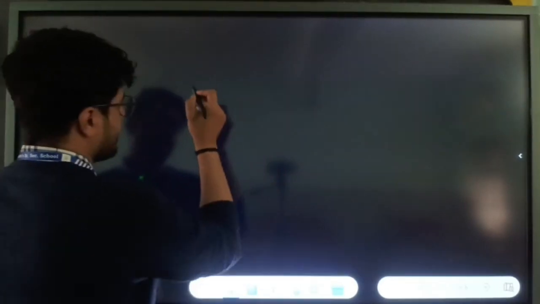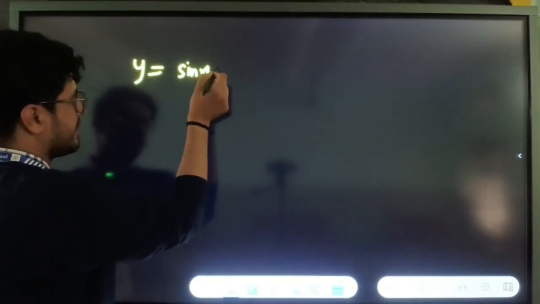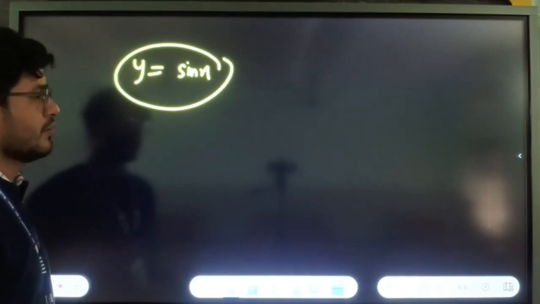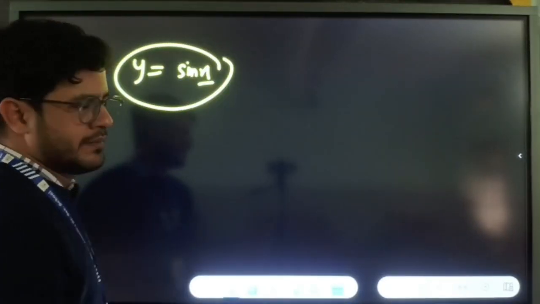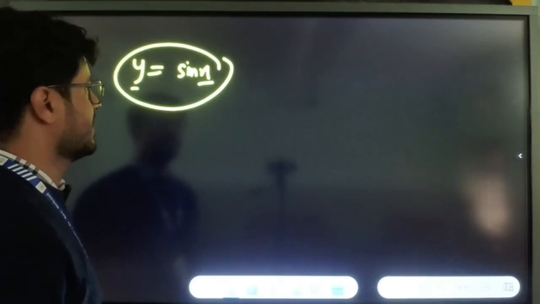Now we'll take one trigonometric example of derivative. Suppose we have the function y equals sin x. It is a trigonometric function where x is the independent variable and y is the dependent variable.